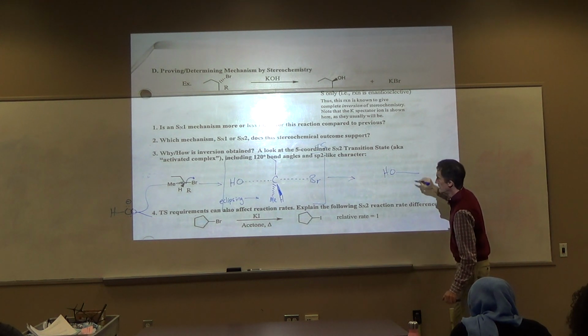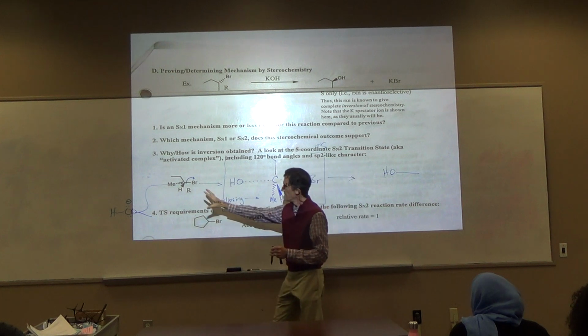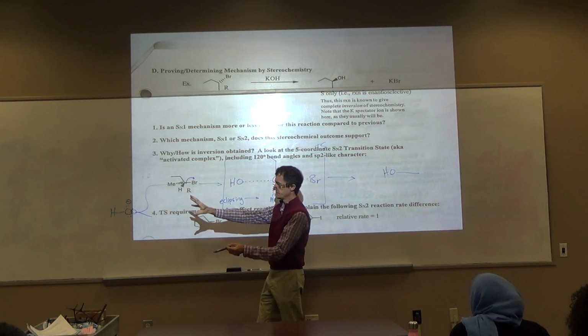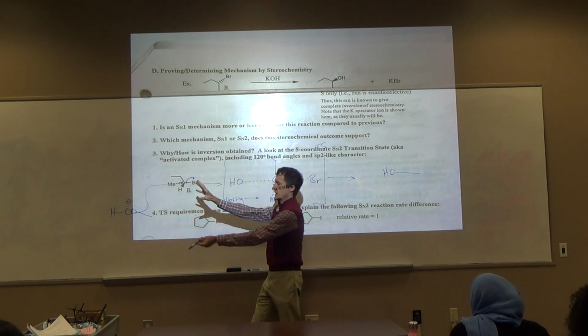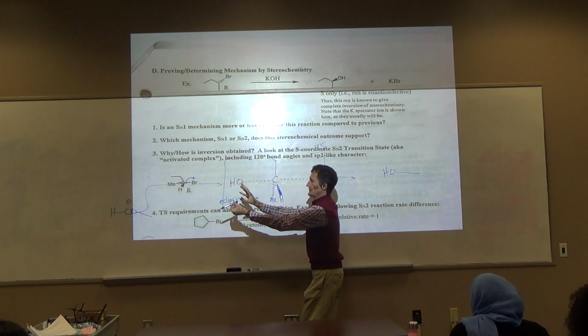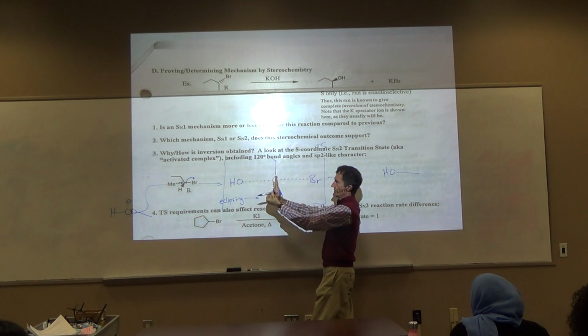These groups get pushed. Okay? The methyl and the ethyl are like that. Okay? And the leaving group is here. When this comes in, it pushes these groups like that. And they're kind of like this, eclipsing each other.